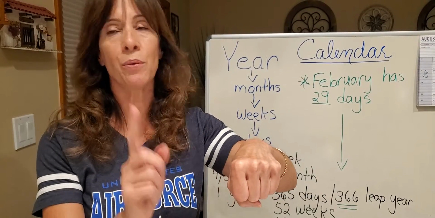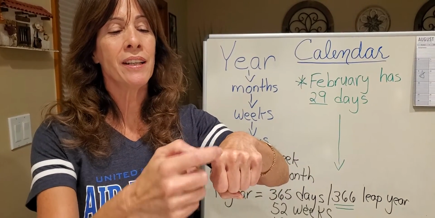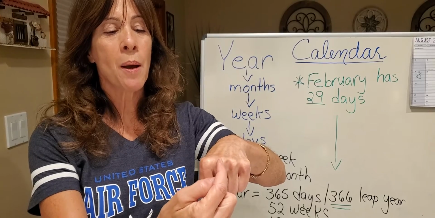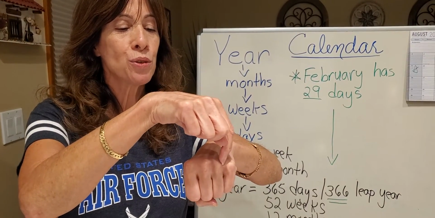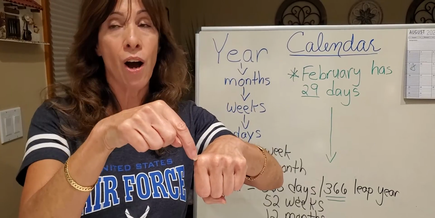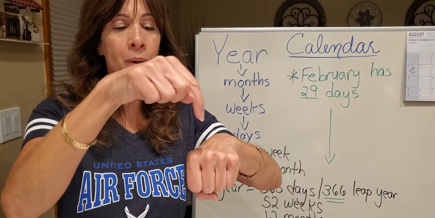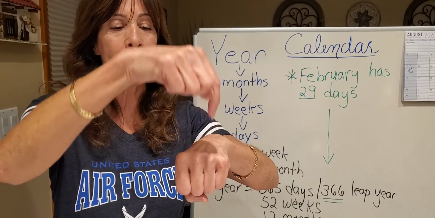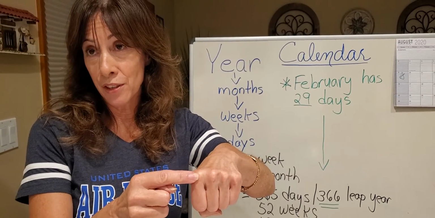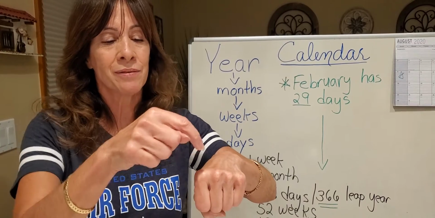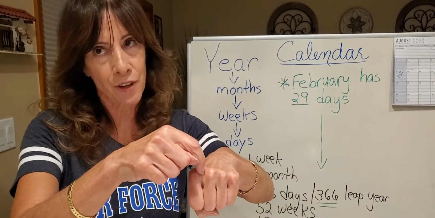So watch. We start with January. January, February, March, April, May, June, July, August, September, October, November, and December. So January falls on a knuckle. That has 31 days. February does not fall on a knuckle.